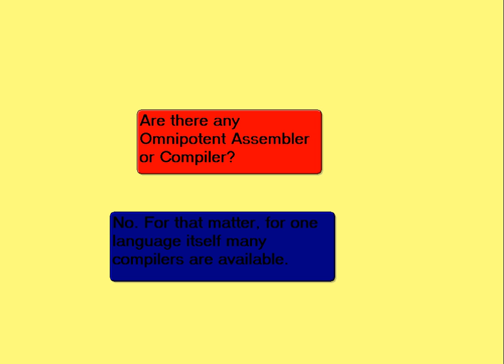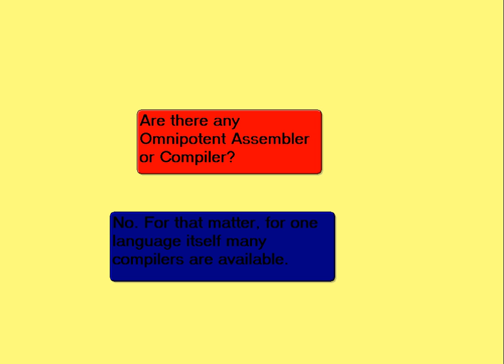Often we may get a doubt: are there any universal compilers or universal assemblers, that is, omnipotent compilers and assemblers? No, we don't have any universal compiler or universal assembler. As such, for one high-level language or even for one assembly language, we have a variety of compilers.